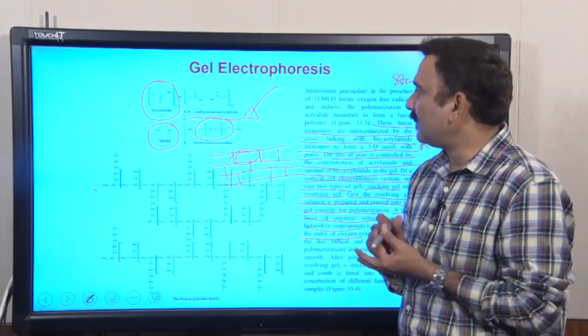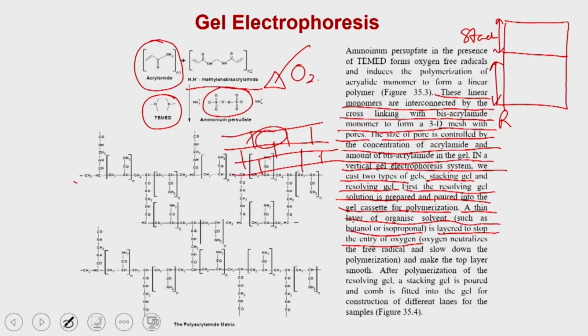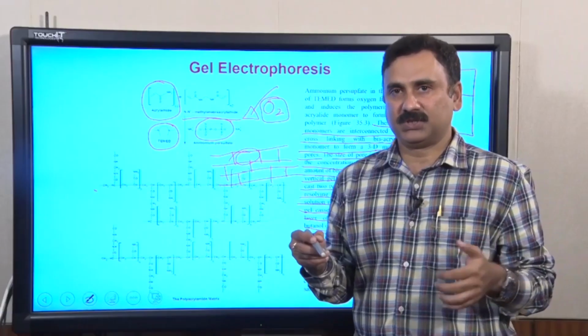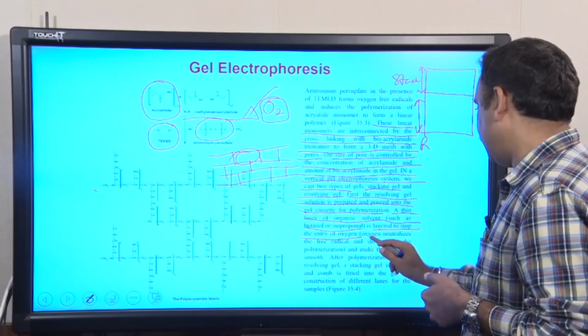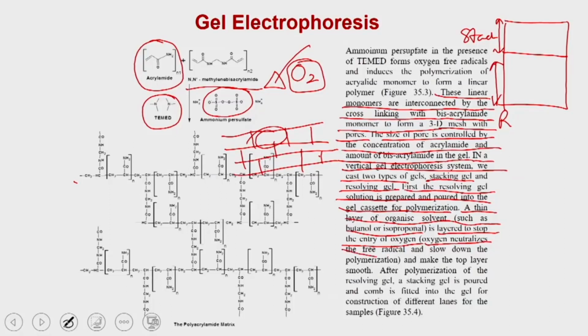But if you have oxygen, these free radicals are neutralized, and that inhibits the polymerization. Oxygen neutralizes the free radicals and slows down the polymerization, and the overlay makes the top layer smooth.